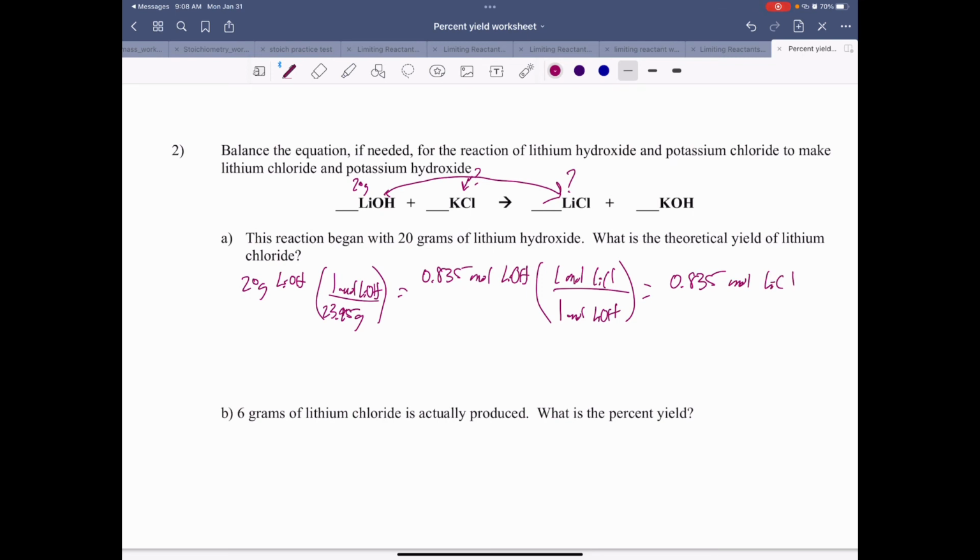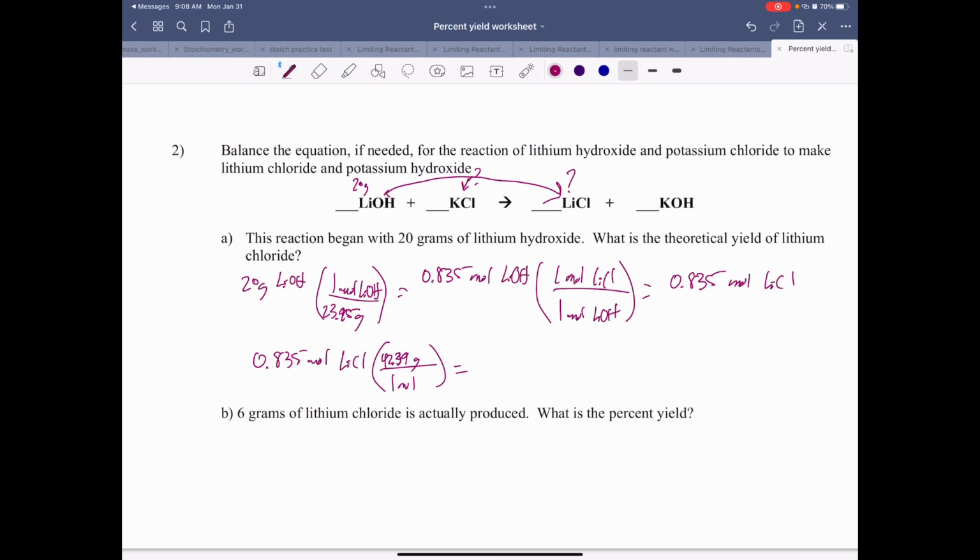So for the yield, we have to get that in grams. So 0.835 moles of LiCl, which is lithium chloride. Lithium is 6.94. Chlorine is 35.45. I get 42.39. So 42.39 grams for 1 mole of that stuff.